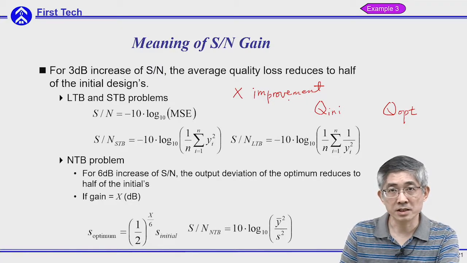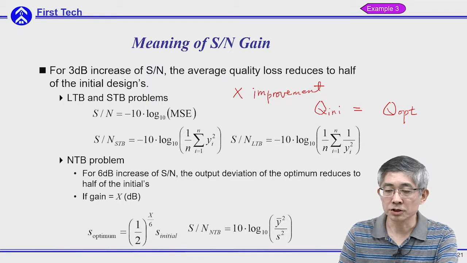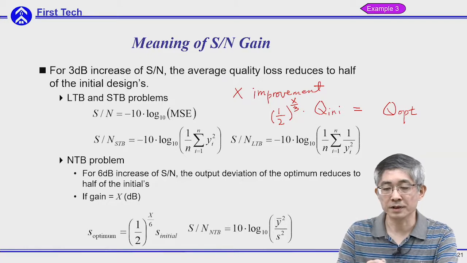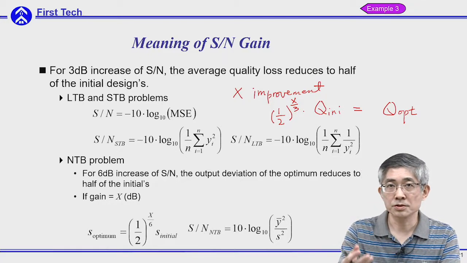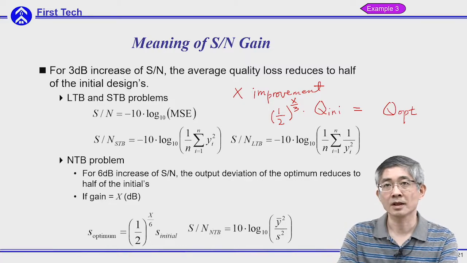Then the optimum loss will become the initial design loss multiplied by 1/2 to the power of X over 3. You can easily find the relationship using mathematical calculation.